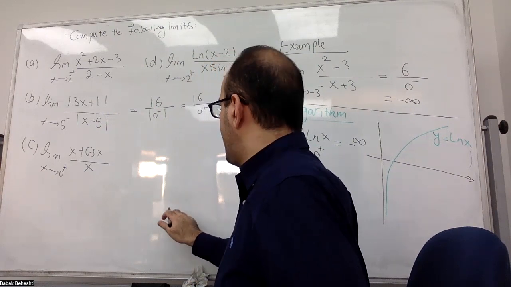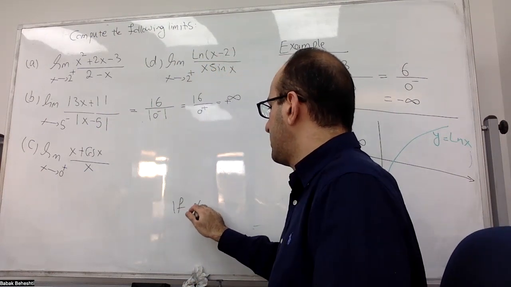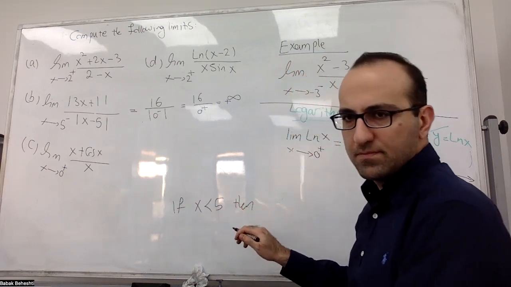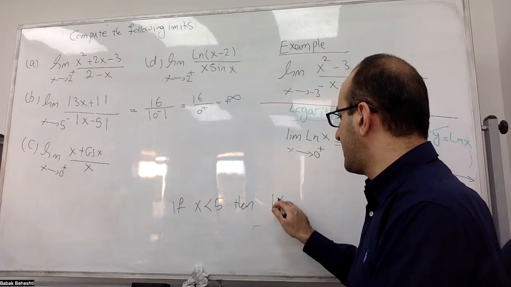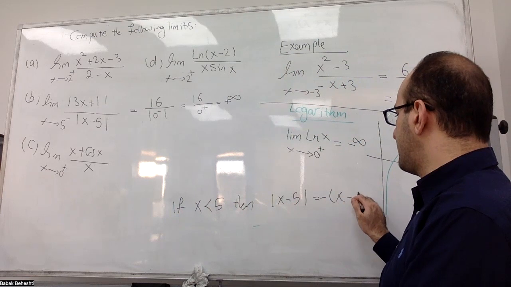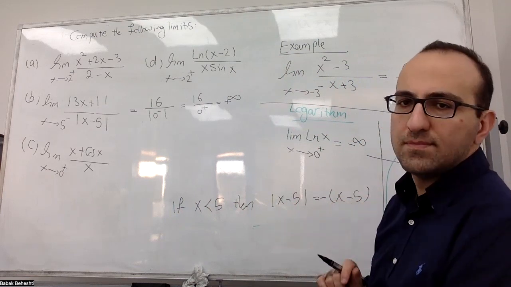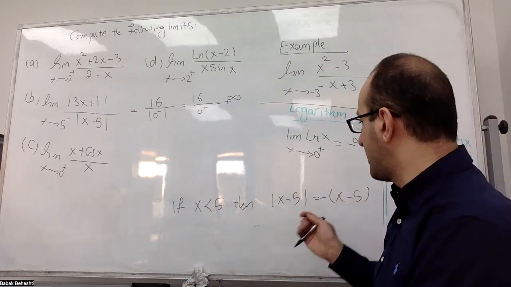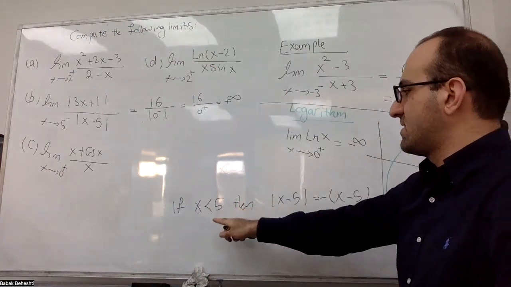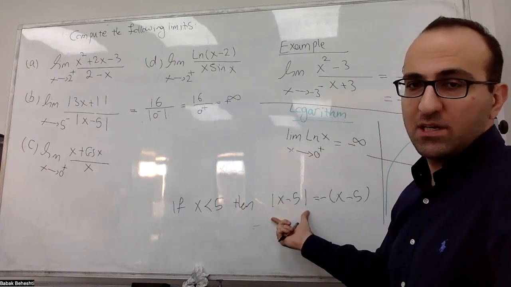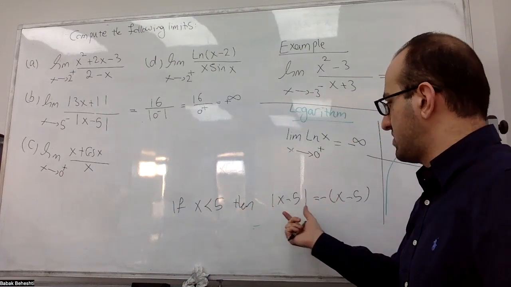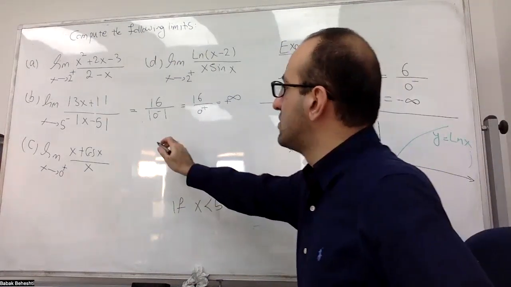So if x is less than 5, then the absolute value of x minus 5 is minus (x minus 5), because this guy is negative.